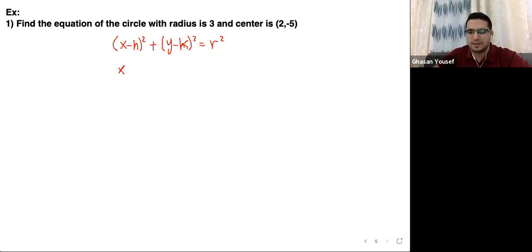Yeah, this is correct, Bilal, too. Bilal said 3 squared equals (x minus 2) squared plus (y minus 5) squared. Oh, we don't have to plug the minus 2, Bilal. This is not correct in the first part. You have to change the sign, because the formula is (x minus h) squared plus (y minus k) squared equals r squared.